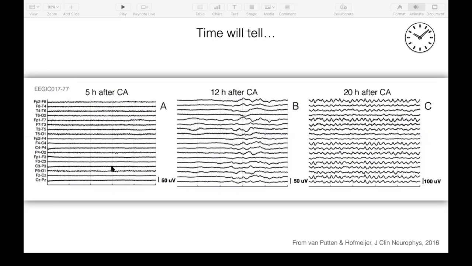So we started with some of these pilot observations about 6-7 years ago, but by now we have monitored in our hospital, I think, more than 700 patients, and we have a huge database, probably the largest in the world now, from collaboration with many other hospitals in the Netherlands, in particular the Rijnstate hospital in Arnhem.